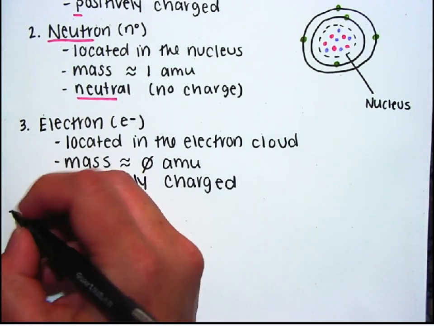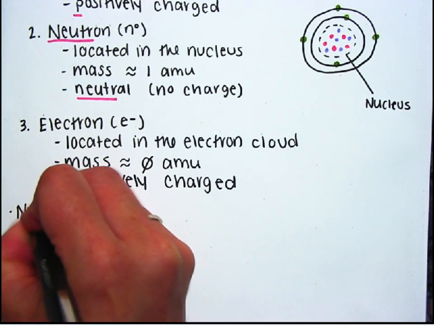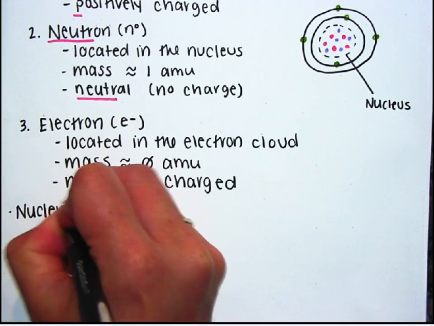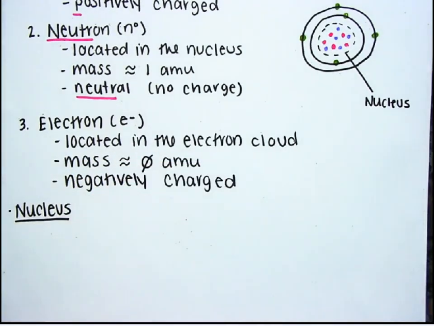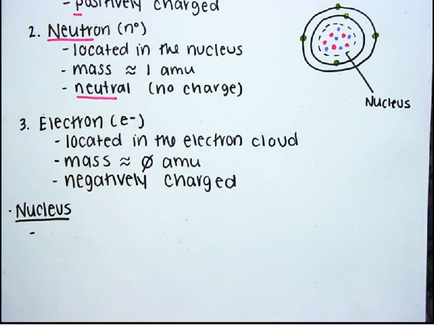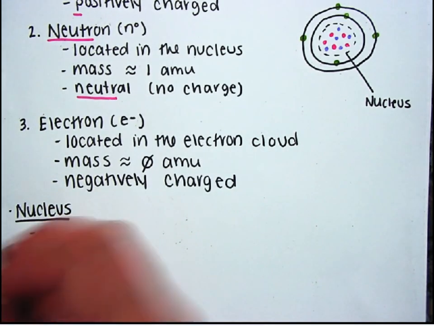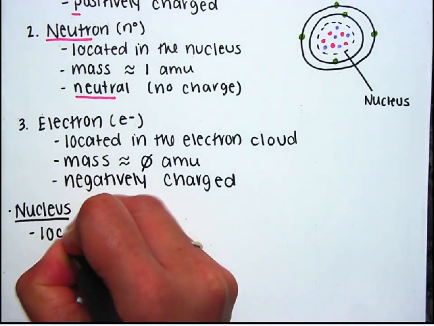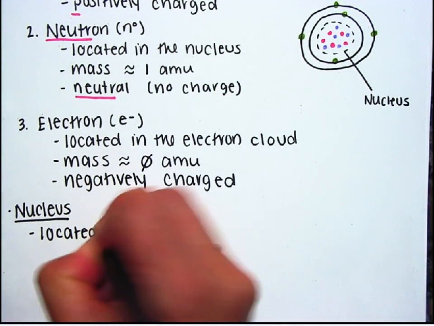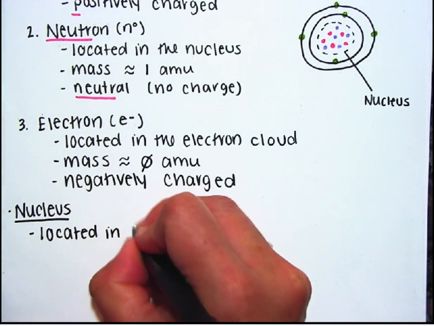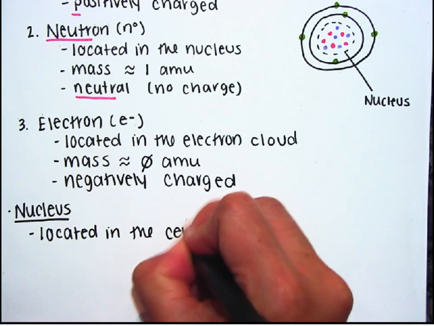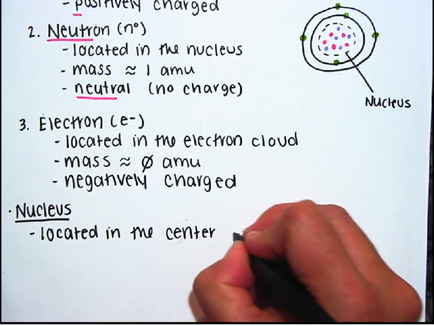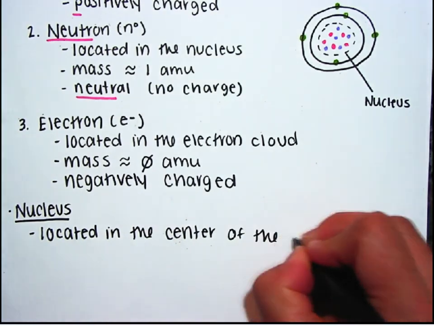All right, continuing on with atomic structure. So the nucleus, we can see based on our drawing, is that the nucleus is located in the center of the atom.